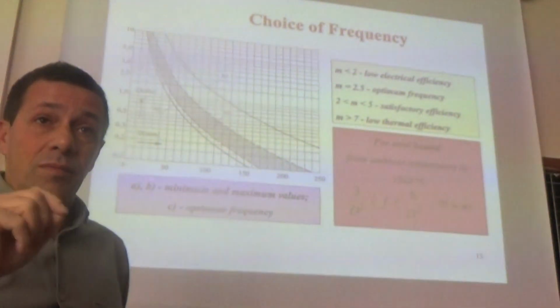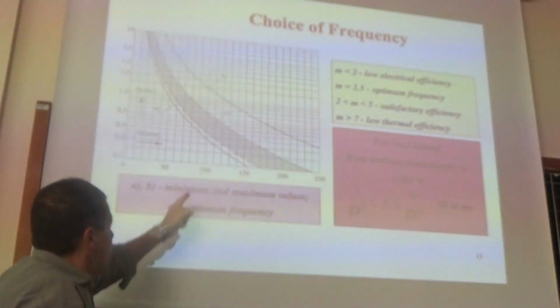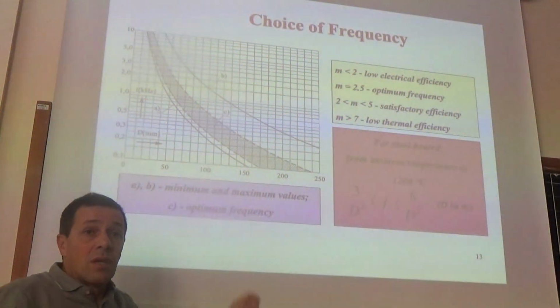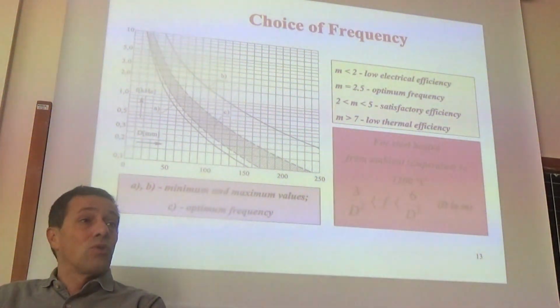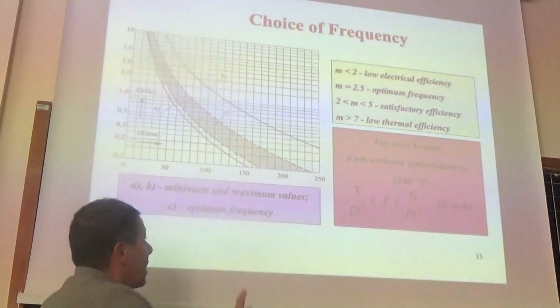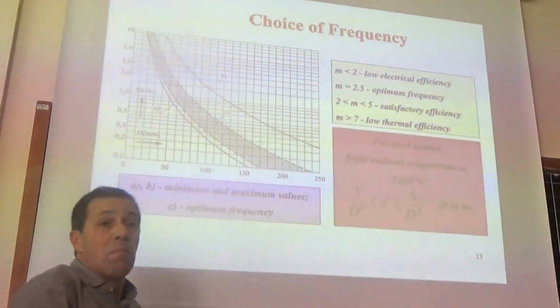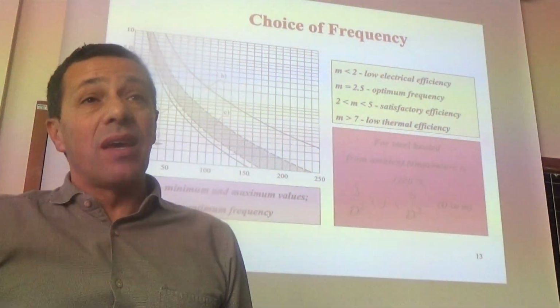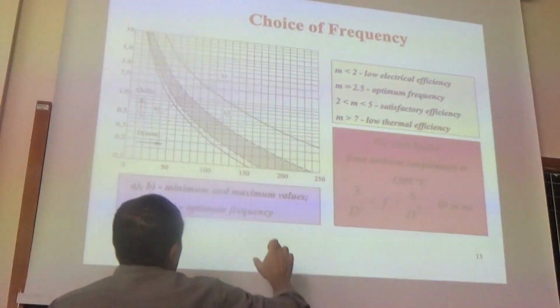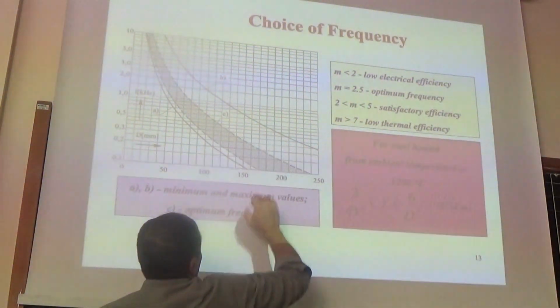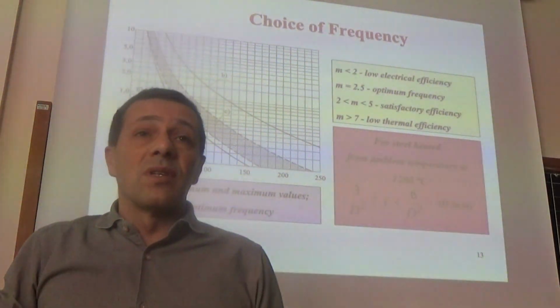If we choose a lower frequency, we have problems about electrical efficiency. If we go up, maybe we have some problems with the thermal efficiency. Okay? And in this band, we have the optimal choice of the frequency.